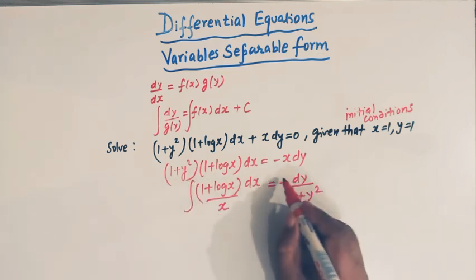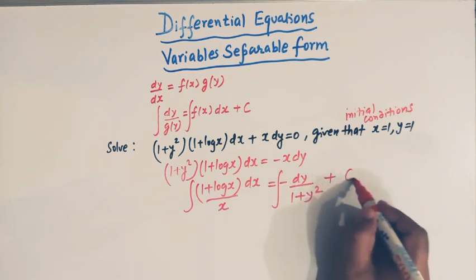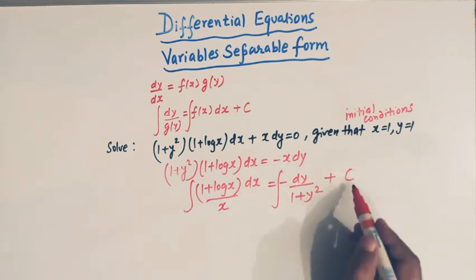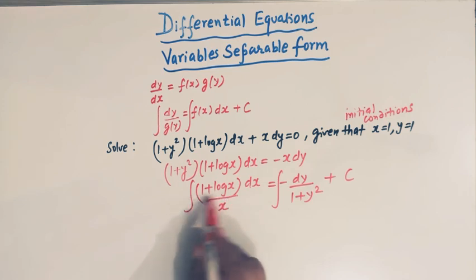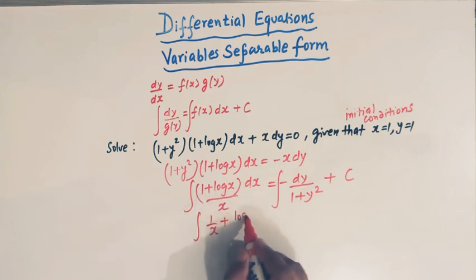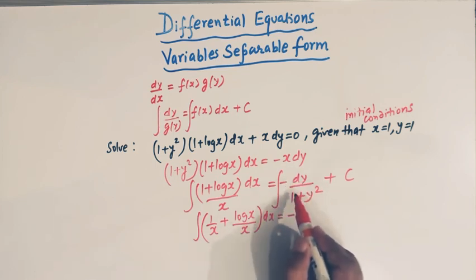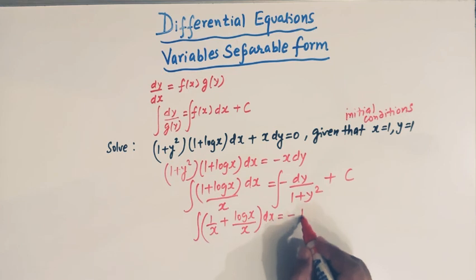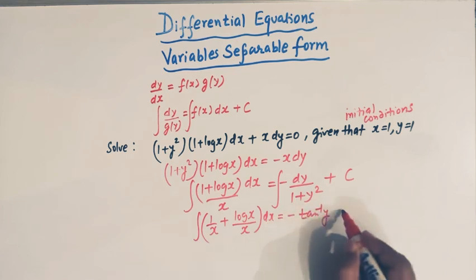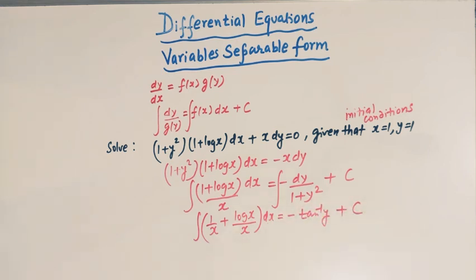Now integrating both sides, we have the constant of integration. Now this integral is actually 1 over x plus log x over x, right? And here we have minus, and the integral of 1 over 1 plus y square is tan inverse of y plus c, right?